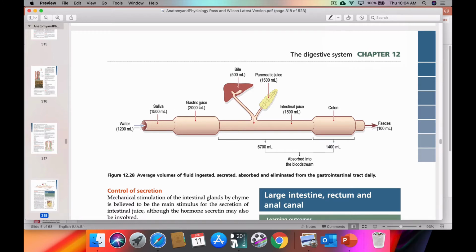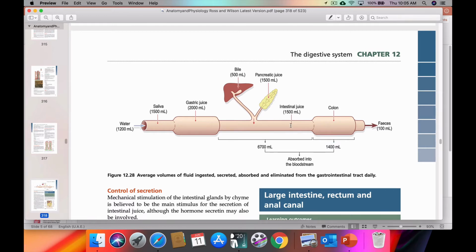Then your stomach secretes around 2000 ml of gastric juice in 24 hours. Then the liver secretes around 500 ml of bile juice in 24 hours.